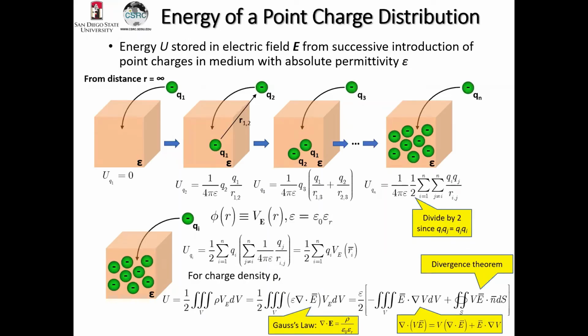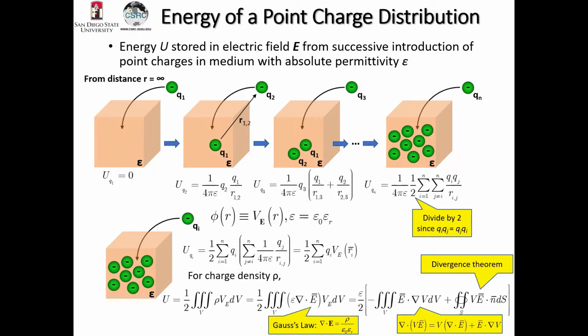What we want to model is the energy U that's stored in the electric field, which is the water medium, from the successive introduction of point charges in the medium. The pink box represents a solvent, and the point charges Q are charged ions.